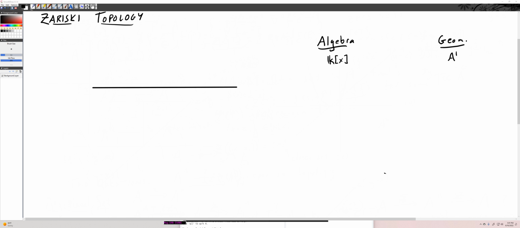So we're going to start with our first example here. This is an example straight out of Hartshorne, and it is by definition the most basic example that you have. We're going to talk about A1, the affine line. The algebra associated with A1 is going to be the ring of polynomials in one indeterminate, right?